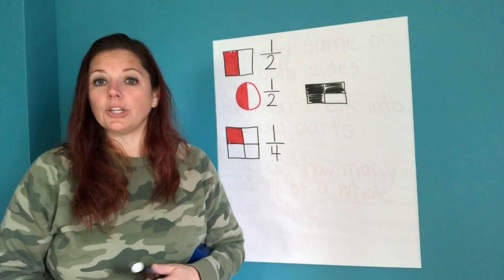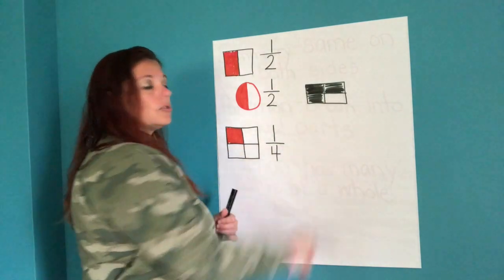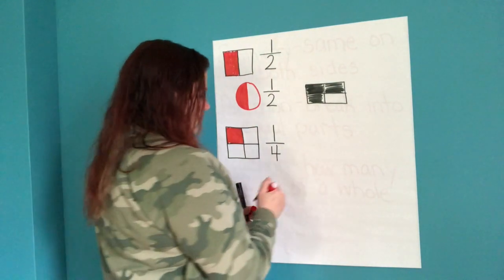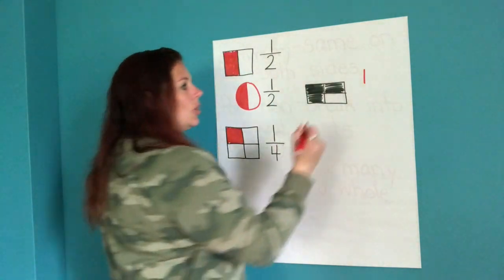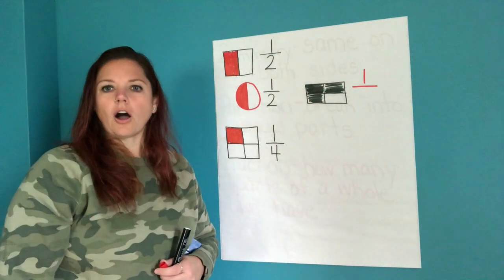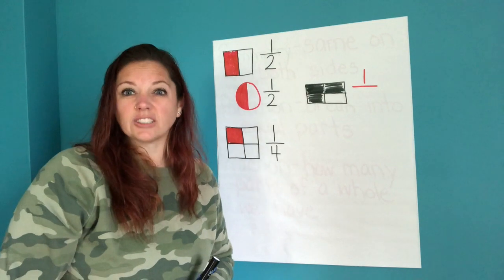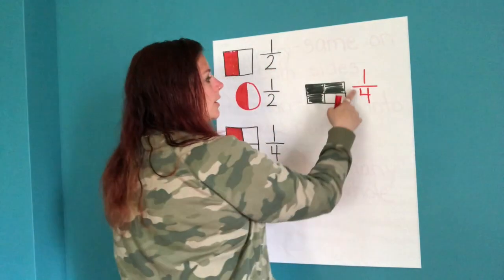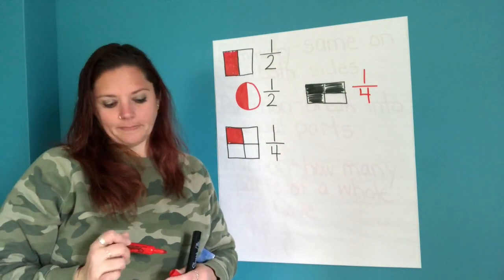Now my question to you is, how many are white? How many are white in my rectangle? 1. So what's my top number going to be? My numerator is going to be the number 1. Draw that line. And how many are there all together, boys and girls? If you held up 4 or said 4, you're right. So this says 1/4 of that shape is white.